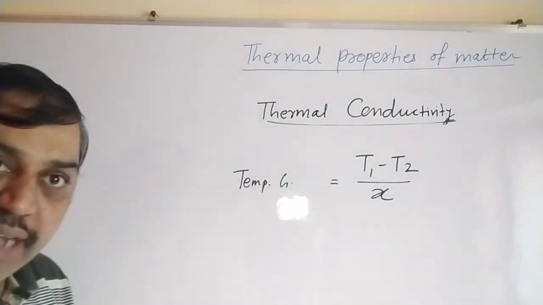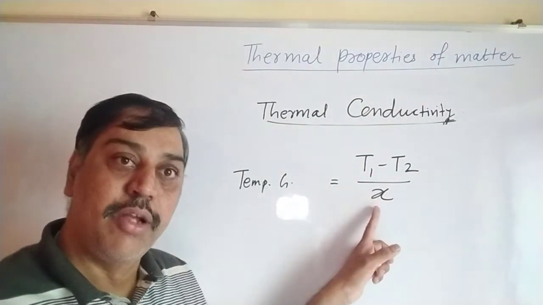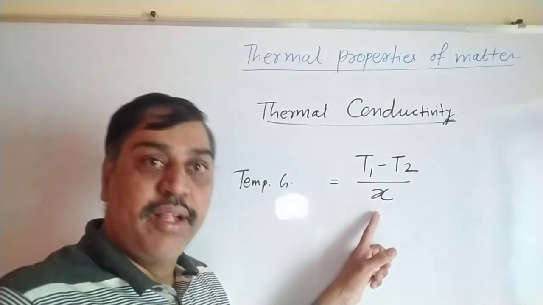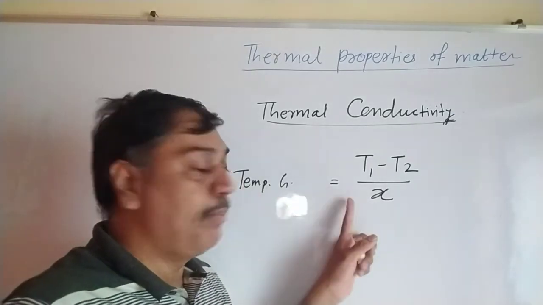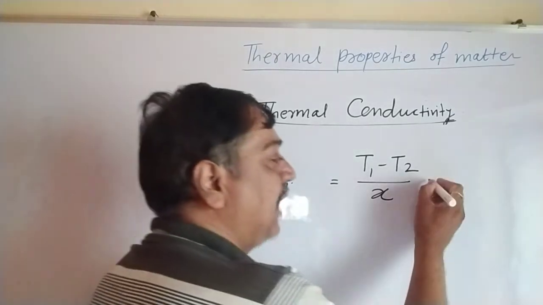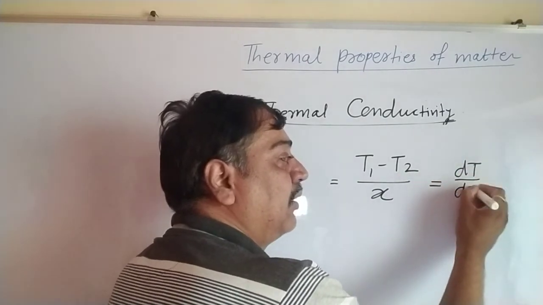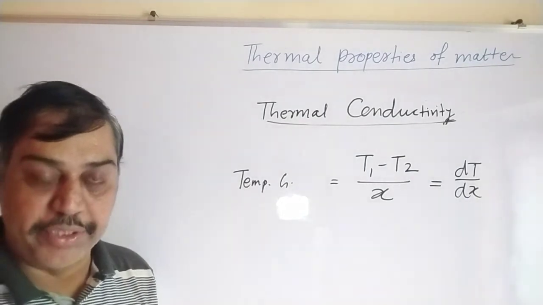Why is it the temperature gradient? Temperature changes with distance. If you remember, in my first lecture, when we started units and measurements and looked at dimensions, we saw this temperature gradient: dT by dx, the change in temperature with distance, is called the temperature gradient.